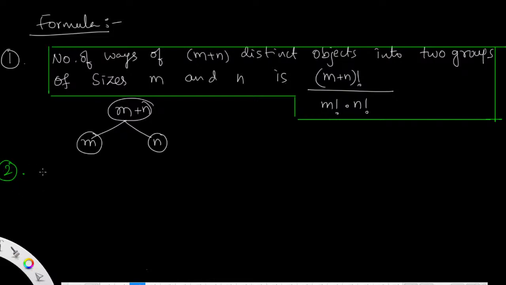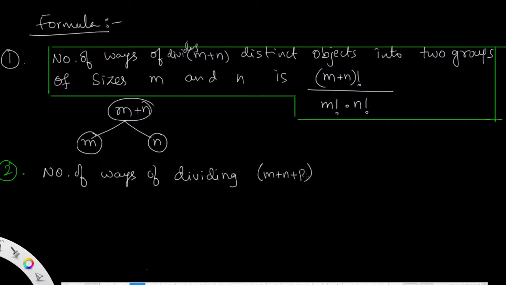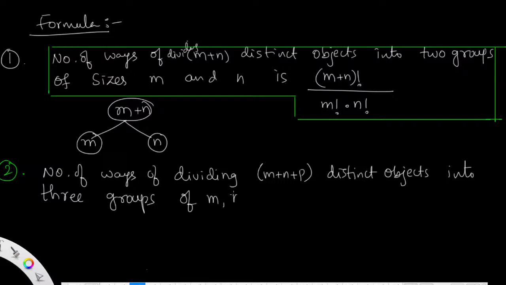Similarly, the number of ways of dividing m plus n plus p distinct objects into three groups of sizes, let the first group size be m, then n, and the next group size p. What is the formula? What is the answer? Give the response.